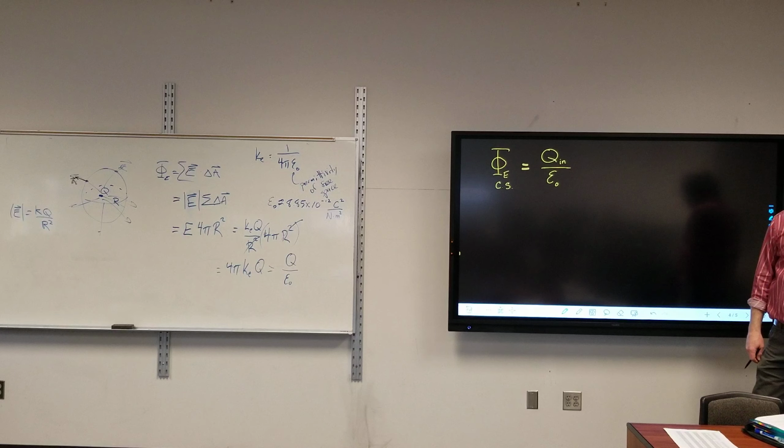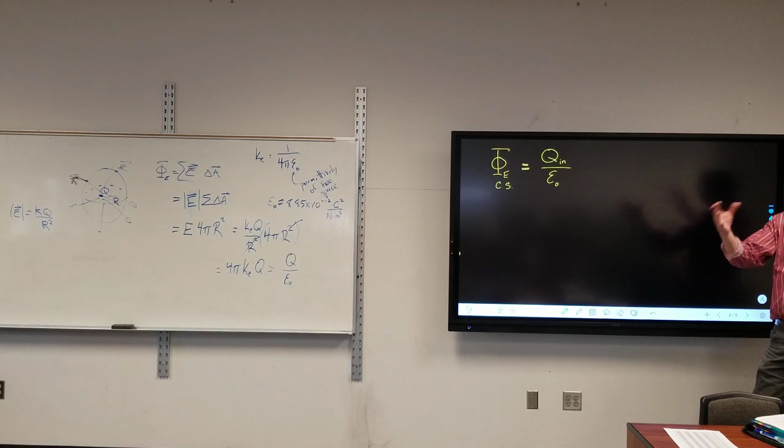Pardon? No, what is the IN? Inside. It's the Q inside, it's a closed surface, so it's the charge that's inside. So you're saying that even if the sphere got bigger, it wouldn't change the electric flux? That is correct. And the charge inside is the same at every point inside the thing? No, it doesn't have to be.